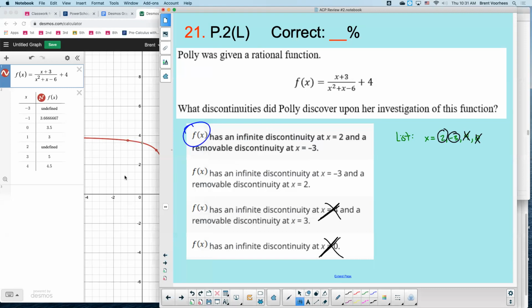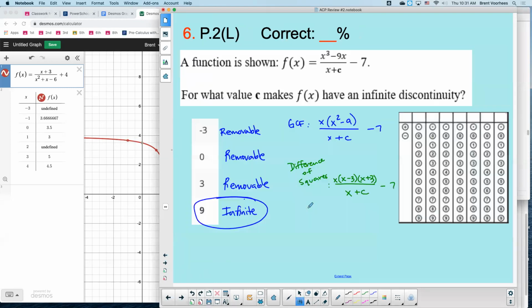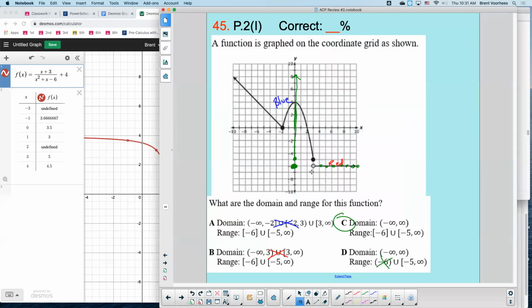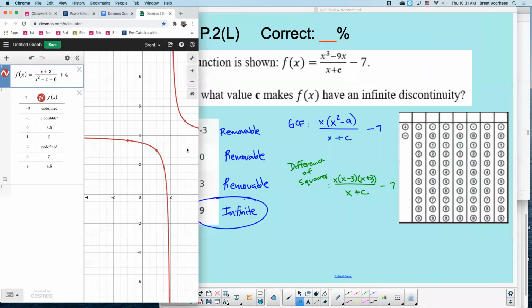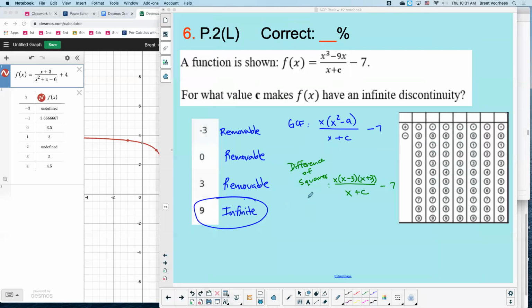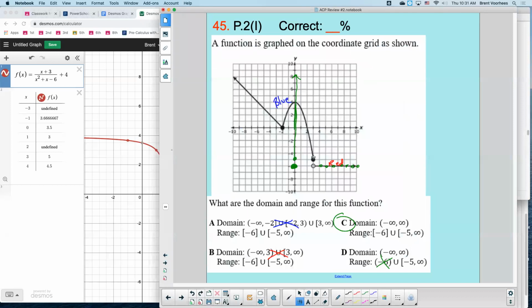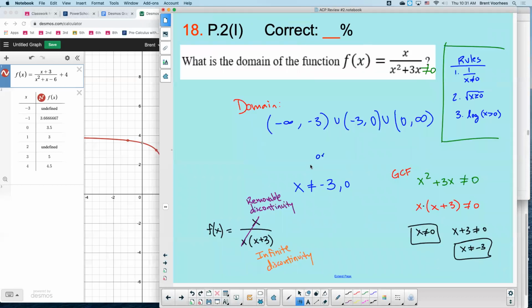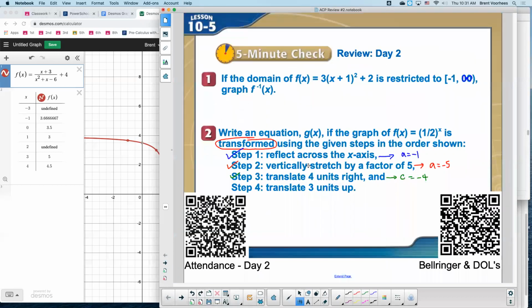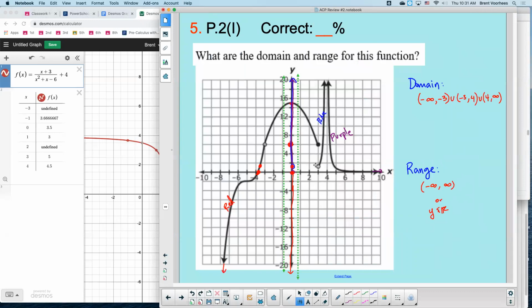Yep. So a jump, that's piecewise, if you remember. Let me go backwards. This graph had a jump discontinuity. Jump is where it jumps apart, like that. This is not jumping apart. These are going to infinities, so you call it infinite. So jump, you can literally count how far they jump from one spot to another. Let me give you another one we saw earlier today. Here, what do you call this one?